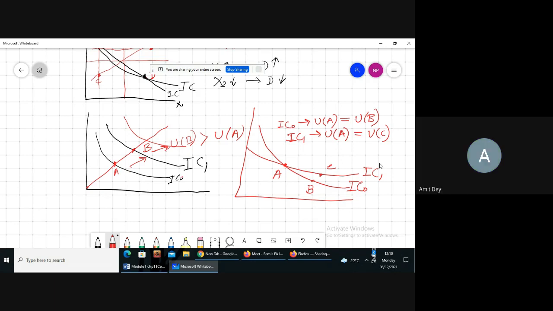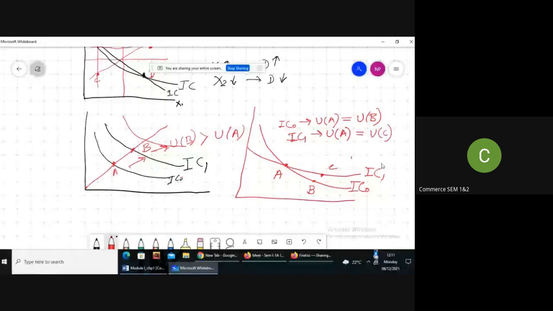Now, if you compare between B and C, you can clearly see that point C contains more of x1 and more of x2 also. So point C will give you higher level of utility. So UC will be greater than UB.